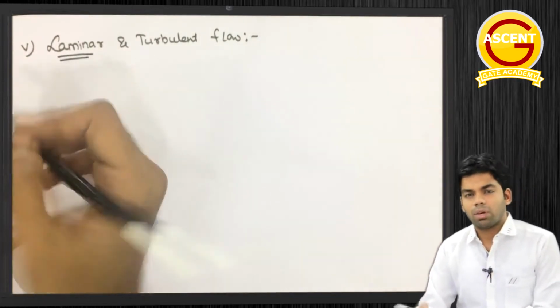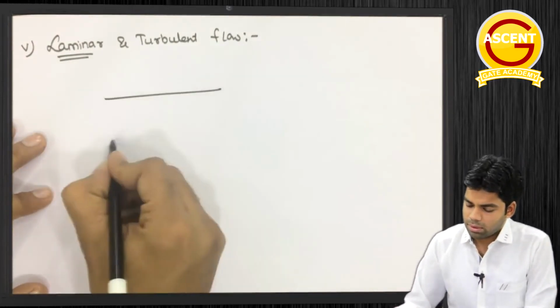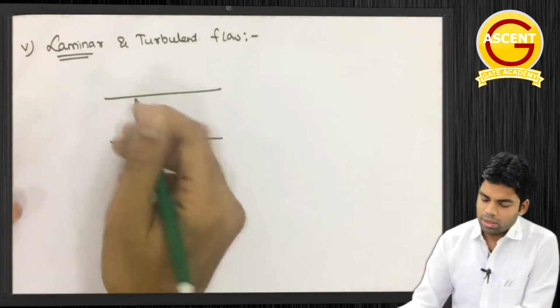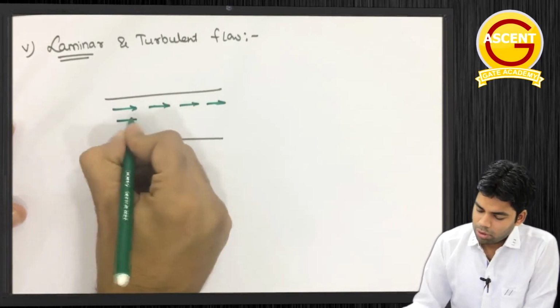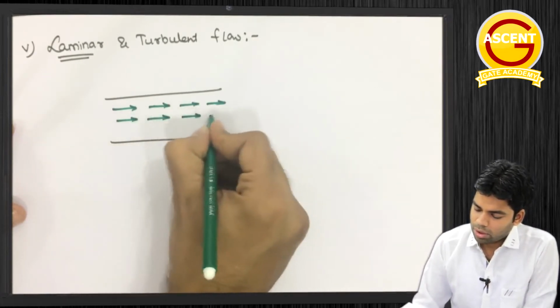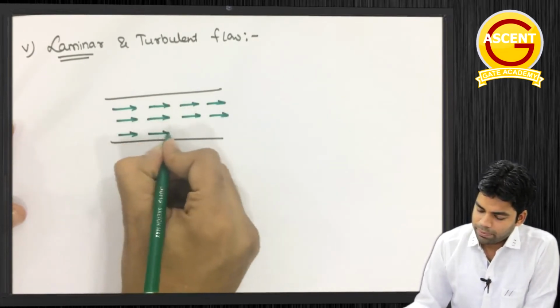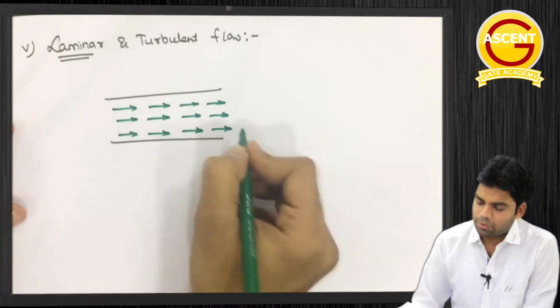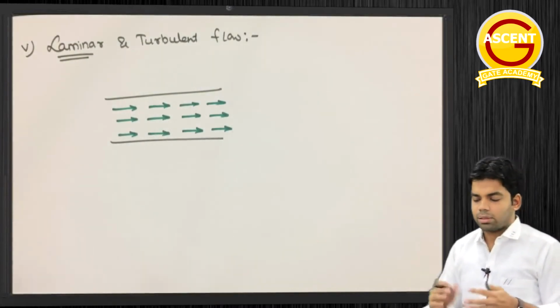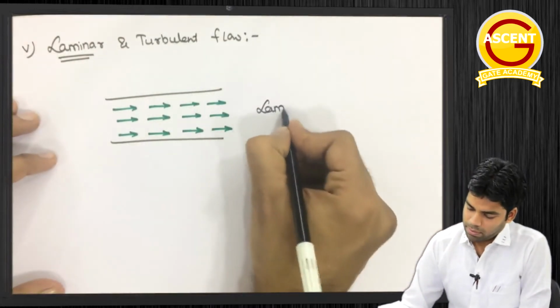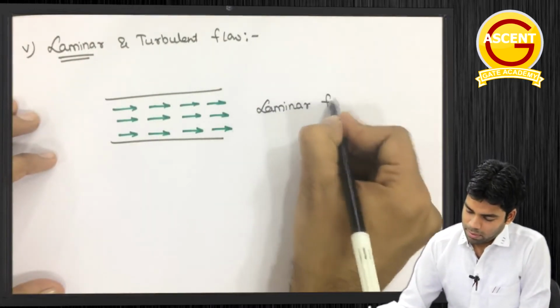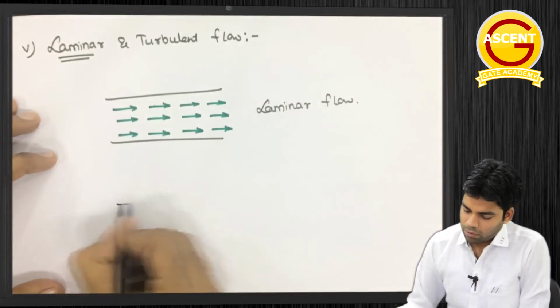Okay, now what is turbulent flow? Such a flow is called laminar flow, in which the fluid particles, the fluid layers, do not intermix with each other. The flow is smooth and the path is regular. This is laminar flow. Now what is a turbulent flow?